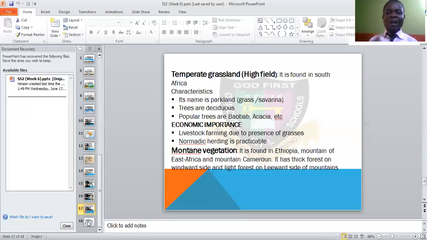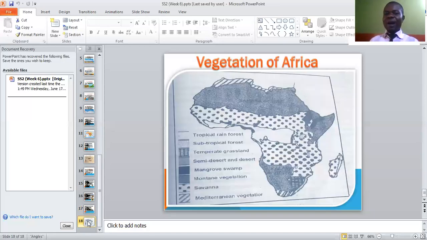Then we also need to look at the vegetation of Africa as we have looked at the climate of Africa. This is the vegetation. Tropical rainforest, that's what we have discussed. This is what you are seeing here, tropical rainforest. Then subtropical forest, this one is under temperate grassland. We have discussed temperate grassland. Then mangrove swamp, and this mountain, the one we just did.